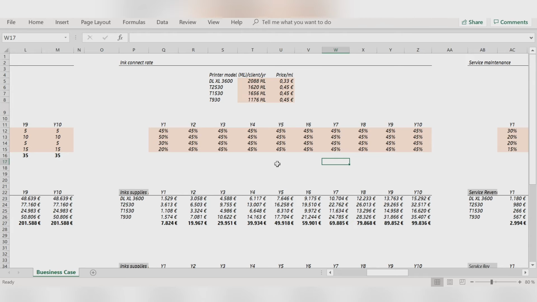So if you have the insight that your clients are purchasing the printer from you, and at some point in the middle of their life they start purchasing the supplies from another vendor, then your connect rate will be approximately 50%. Also, you can do the reverse calculation.